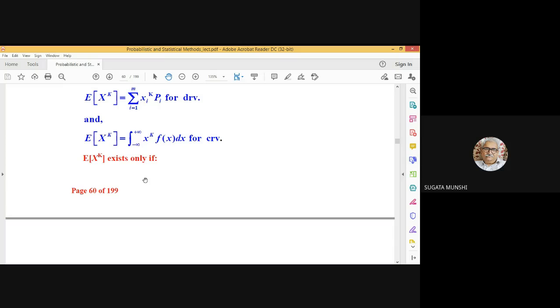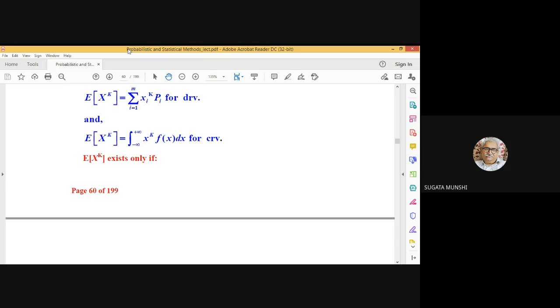Say for k equal to 1, you have simply x there. So what is the nature? It will be an odd function. So if fx is even, x into fx will be an odd function.